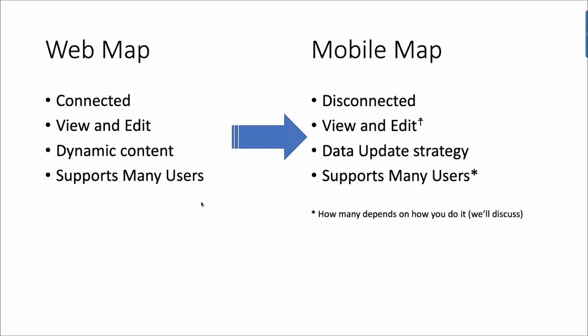In a mobile map, we want this to be disconnected, of course, but we can still view and edit. And the reason for this is that we can retain pointers back to the original source data that we're pulling the mobile map down from. And as we make changes periodically, when we've got network connectivity, we can talk back to those original services and push those changes back up, and as well pull changes down from them.